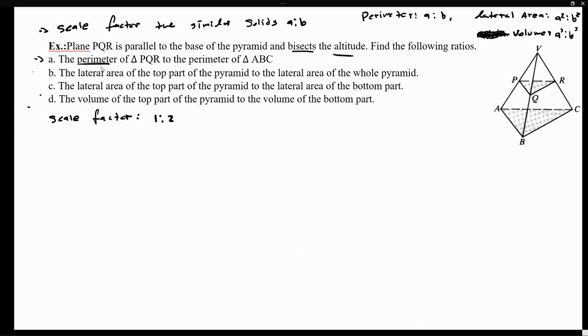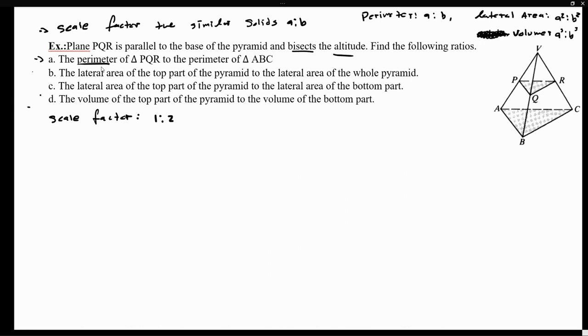And why is the scale factor between those two 1 to 2? Because it states that the top pyramid bisects the altitude of the overall solid. So it's kind of like half of it, half over 2, so we know that the scale factor must be 1 to 2.